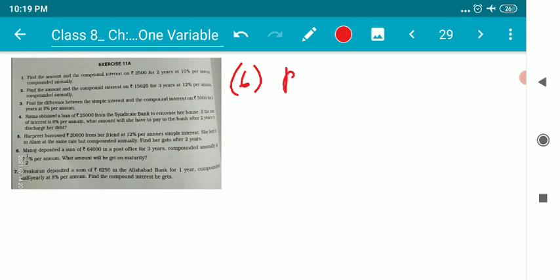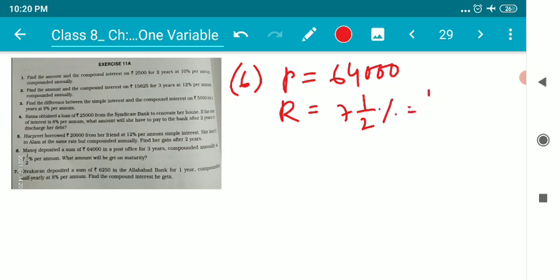Principal is 64,000. Rate of interest is 7.5%, means 15 by 2%. And the time is 3 years compounded annually. Need not be worried.